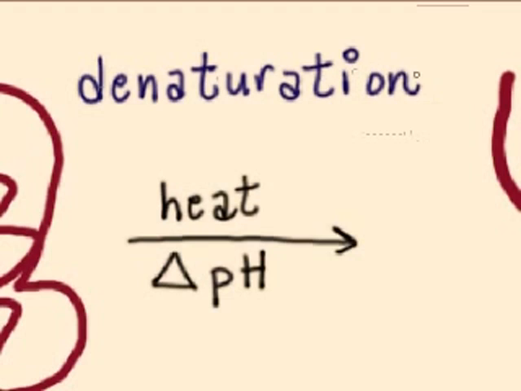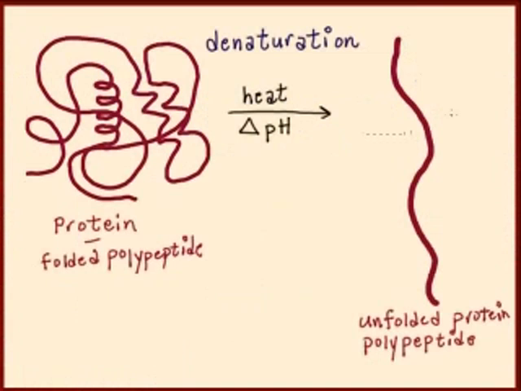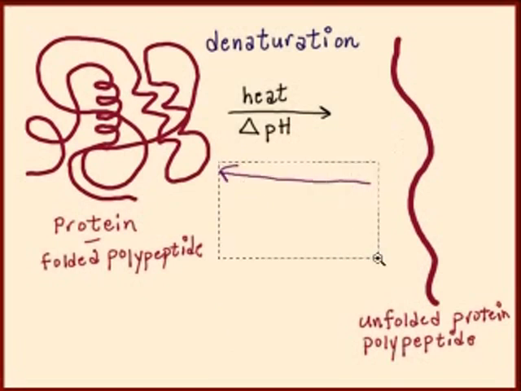D-E-N-A-T-U-R-A-T-I-O-N. That's the denaturation of the protein, or the unfolding of the protein. And of course, when you go back in the other direction, when you actually fold the protein, that's called naturation, or folding of the protein.